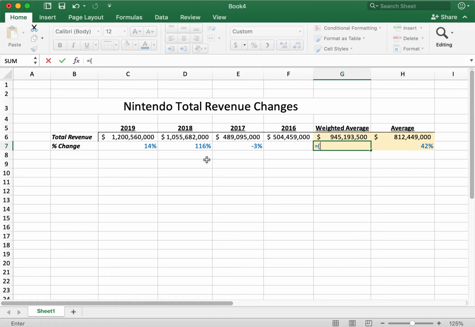So this number times 1 plus, parentheses, this number times 2 plus this number, because the most recent, times 3, and then 3, 2, 1, that's 6. So divide by 6, close the parentheses, and then we can divide by 6. And we got ourselves 44.97%, which, when I round it up, goes to 45.